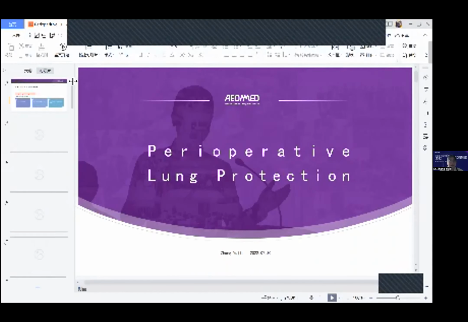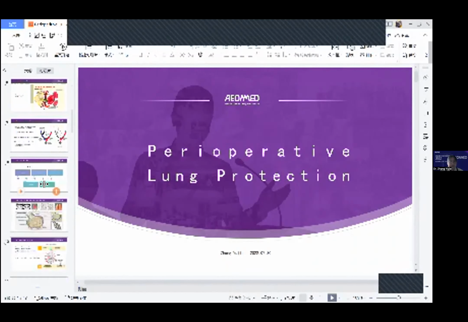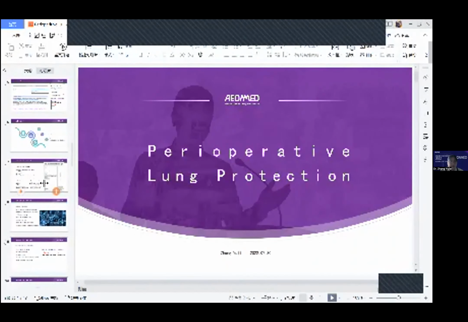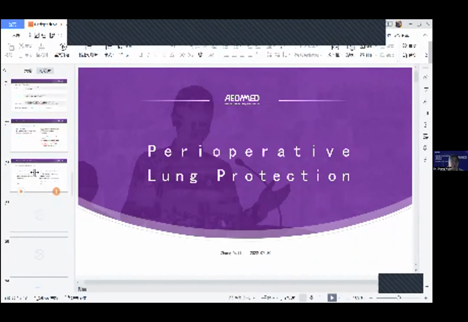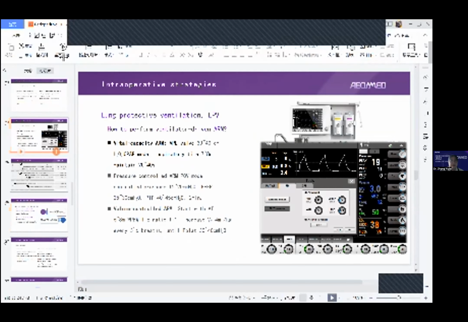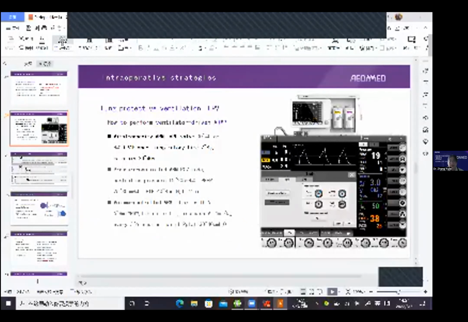The application collapsed. Okay, here. Can you see the slide right now?